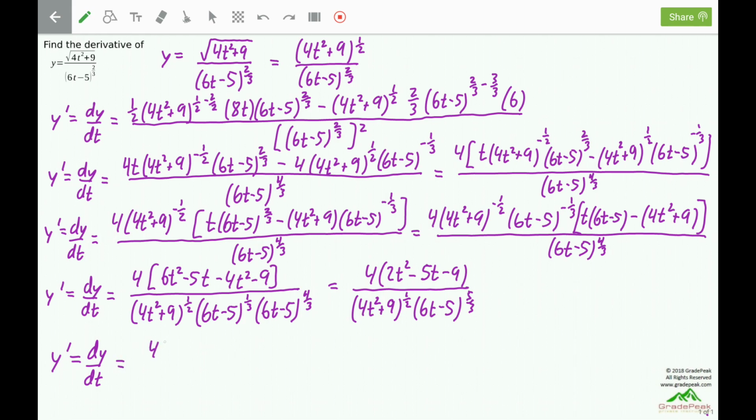So we have 4 times 2t squared minus 5t minus 9, all of that divided by the square root of 4t squared plus 9, and then multiplied with 6t minus 5 quantity to the 5/3 power. Either of those results are optional ways to write this derivative, y prime or dy dt.